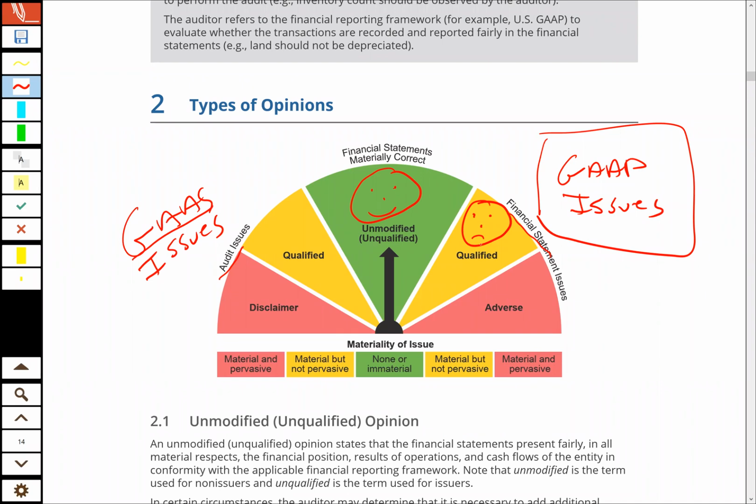So the auditor is sad. The auditor is saying there's a material misstatement in these financial statements, okay? If that's the case, the auditor issues a qualified opinion, because now you're not saying, hey, unqualified, I promise the financial statements are okay. You're going to say the financial statements have a problem, and here's what it is. That's called a qualified opinion, and you could qualify for GAAP issues here, okay?